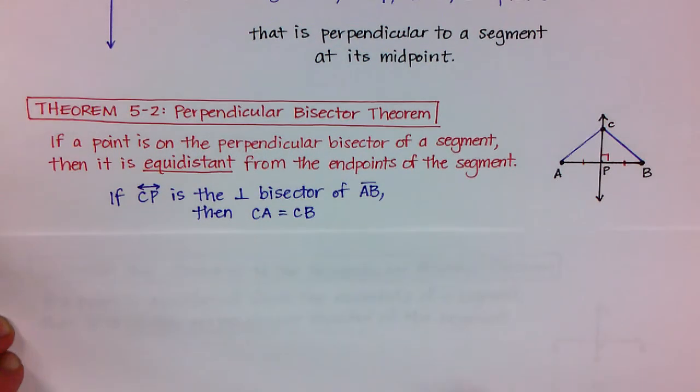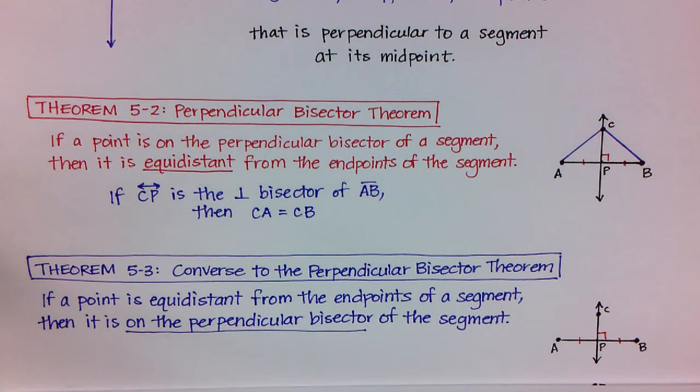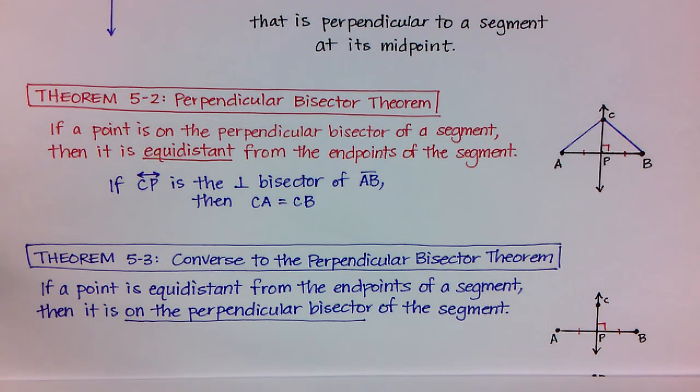And there's a converse to this theorem. The converse is theorem 5-3, and it's the converse of the perpendicular bisector theorem, and it says if a point is equidistant from the endpoints of a segment, then it is on the perpendicular bisector of that segment. So down below I kind of have the same diagram, but I have this extra point D, okay?